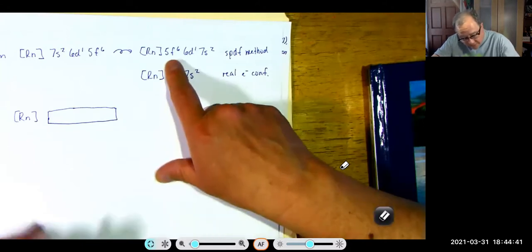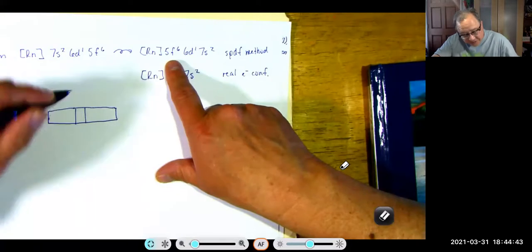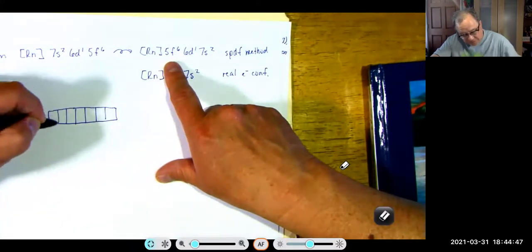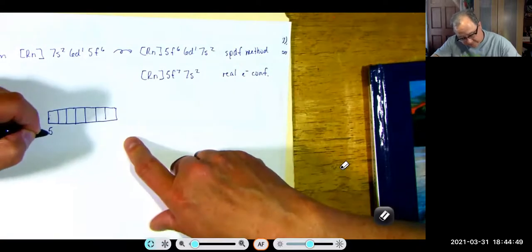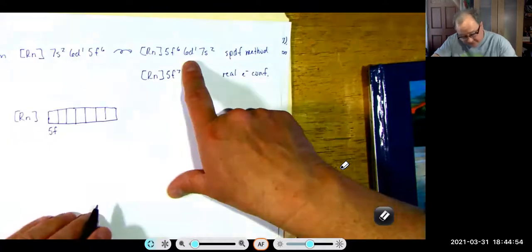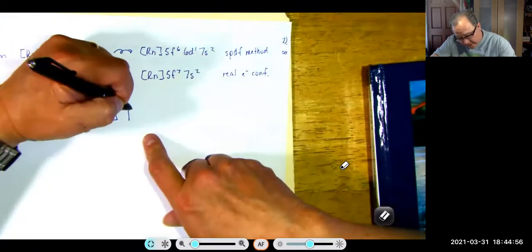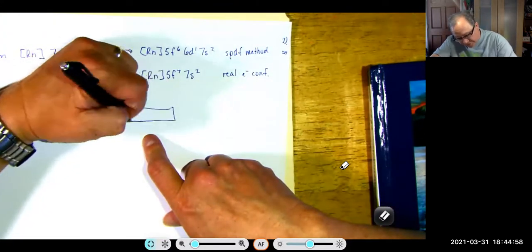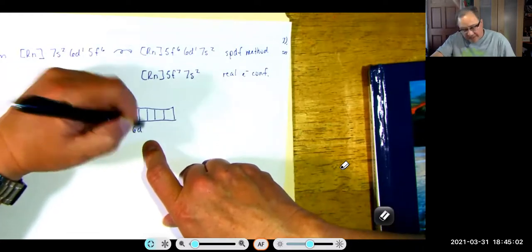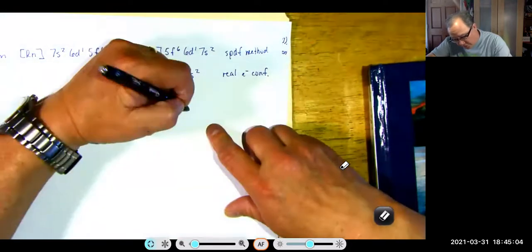An F subshell has 7 orbitals, so each box is an orbital. A D subshell has 5 orbitals. And an S subshell has 1 orbital.